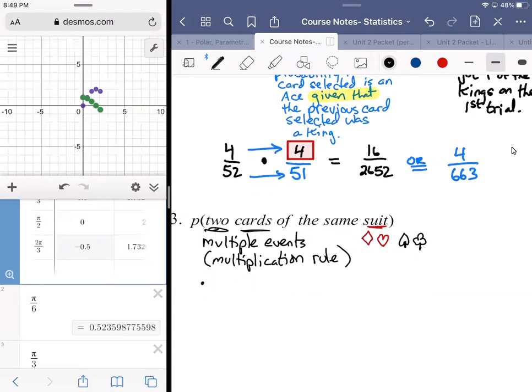So we might have a heart and a heart. I'll do it in the order that I drew the diagram. A diamond and a diamond. I'm just going to get my setup here.